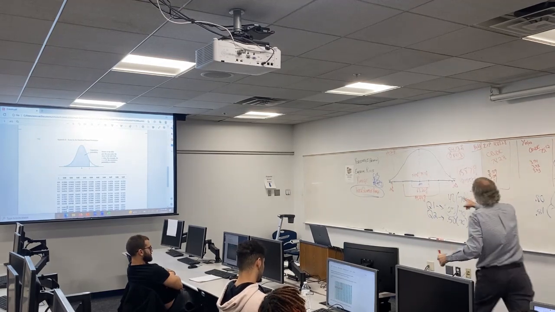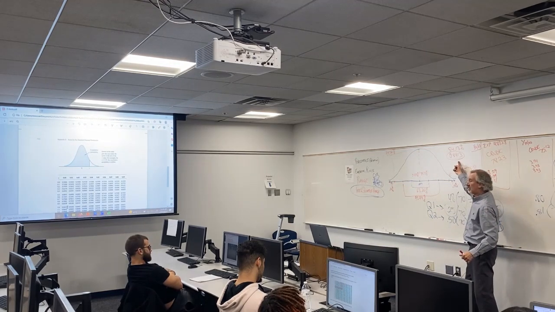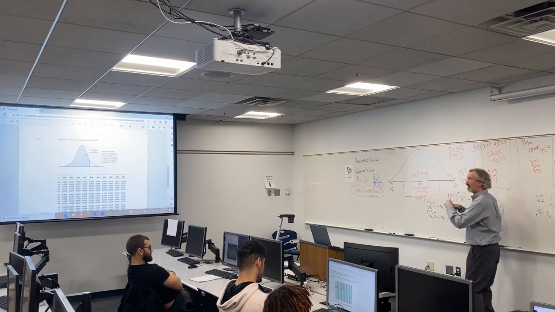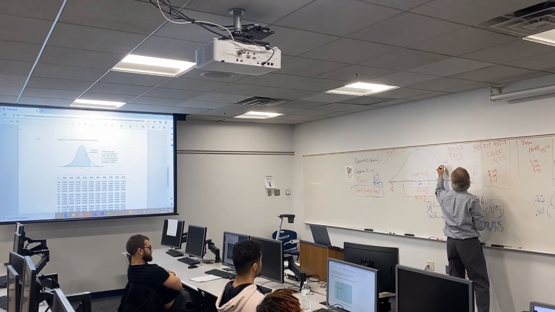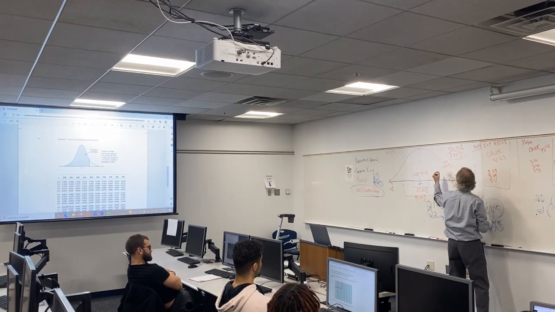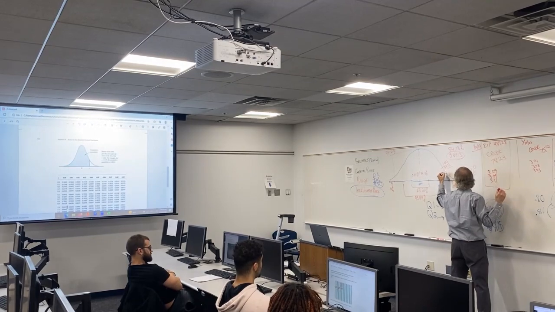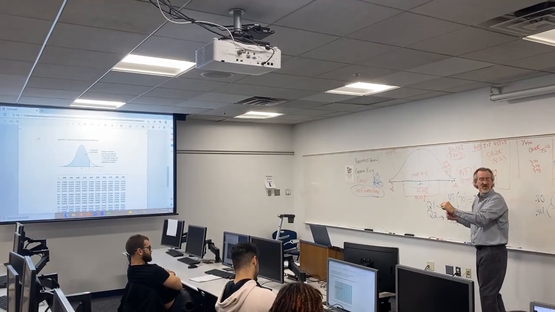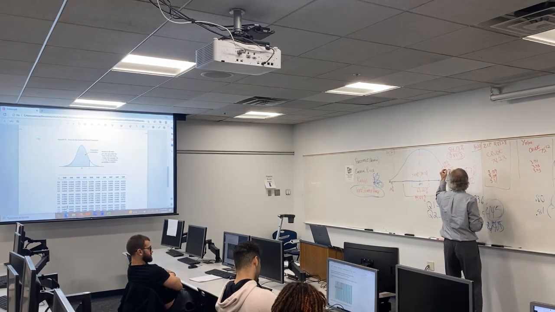What's from there to the left? What's from right there to the left? 84. So what would be right there to the right? 100 minus 84. 100% minus 84.13%, and the difference is 15.87.